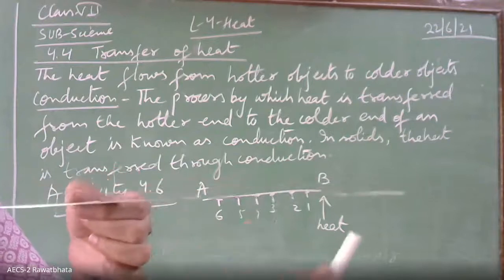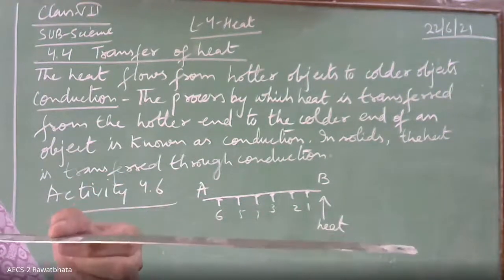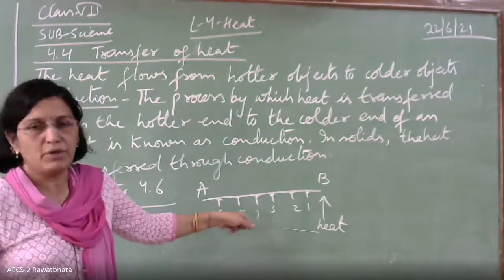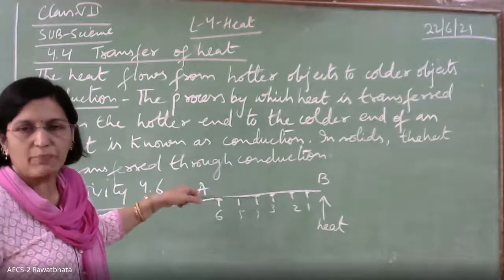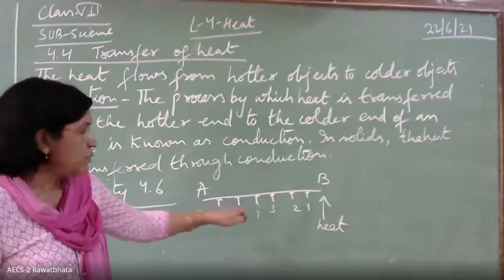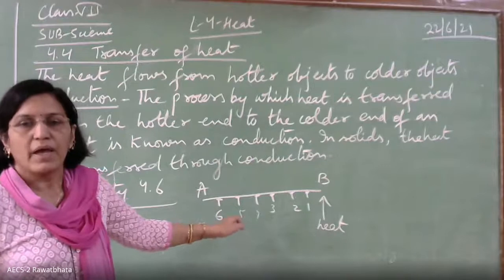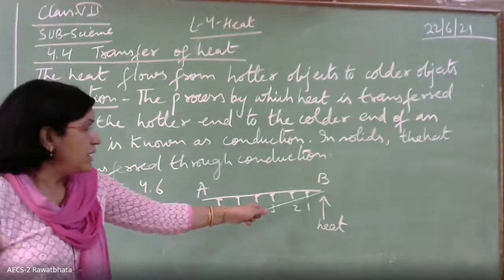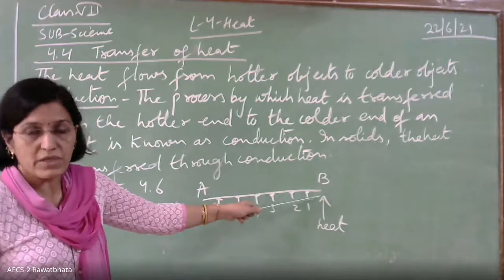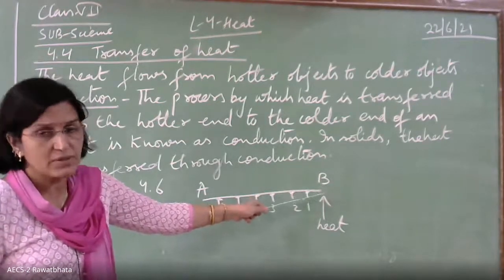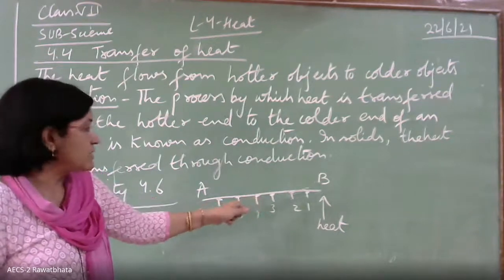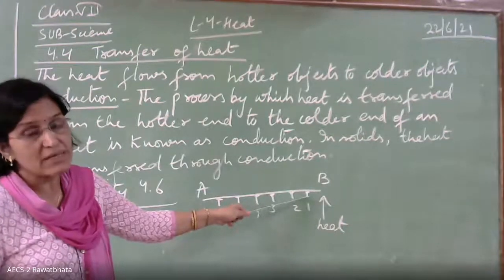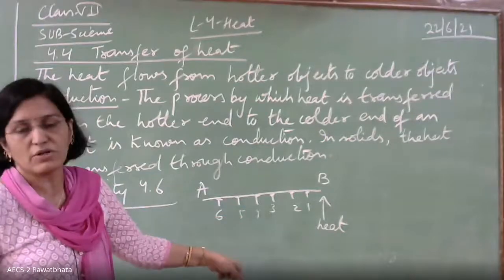1, 2, 3, for example. At home, you can do that. After that, you may supply the heat from one end, holding this with the help of any cloth, and here you can keep a candle. The moment you start heating, the heat will be transferred from this end. End B will get heated first, and it is going to transfer the heat to the first nail. The wax melts and of course the nail falls down.